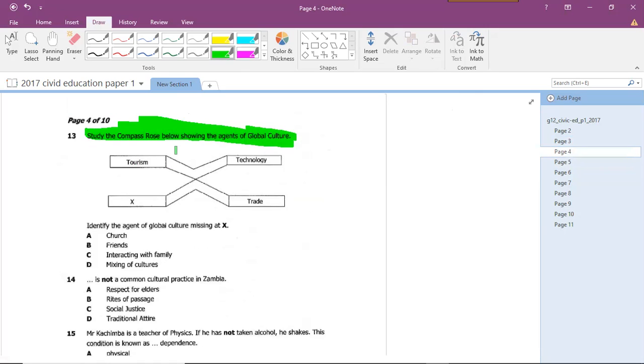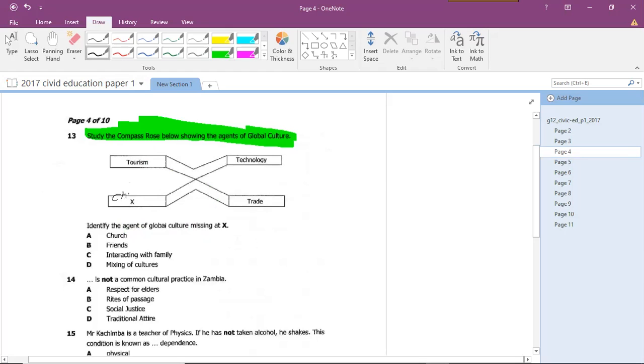They are the major identifying things that we say, all right, this culture is associated with that. So identify the agent of global culture that's missing at X. It's definitely the church.